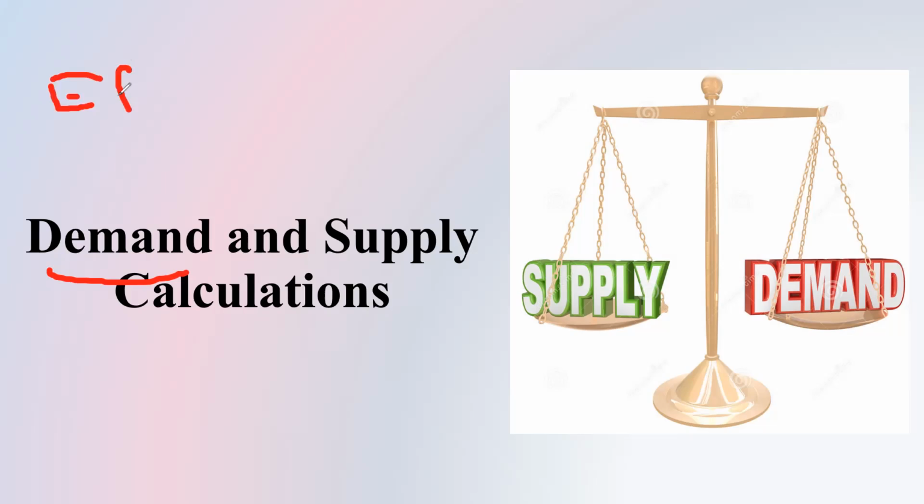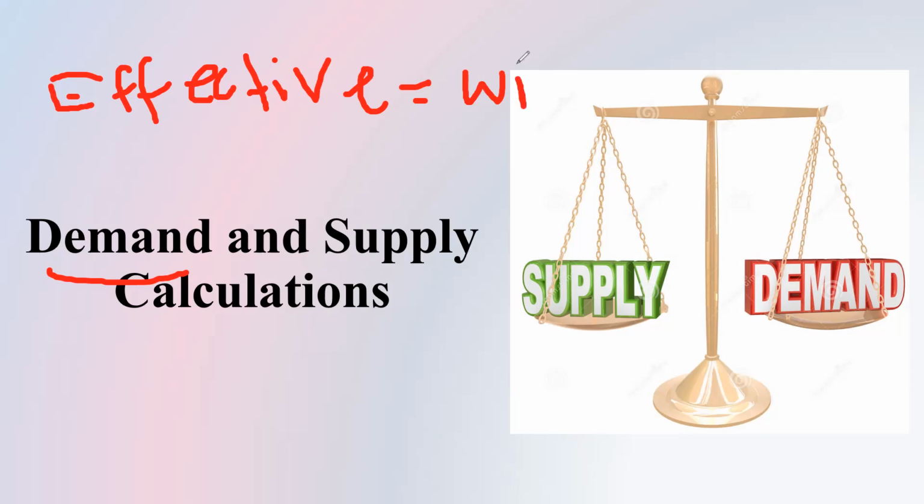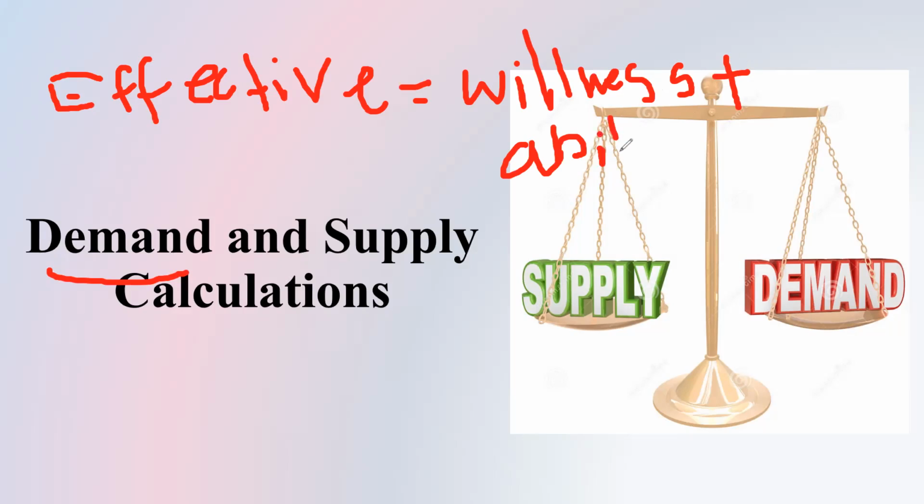To be effective demand, it is compulsory that we satisfy these two conditions. There should be willingness to purchase that particular good. The consumer should have willingness as well as ability to purchase, that is, purchasing power.